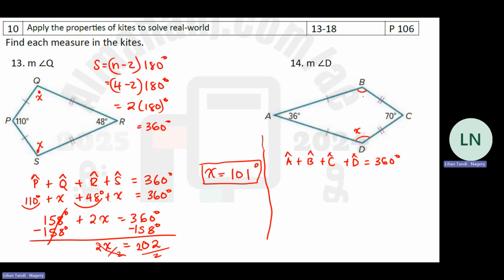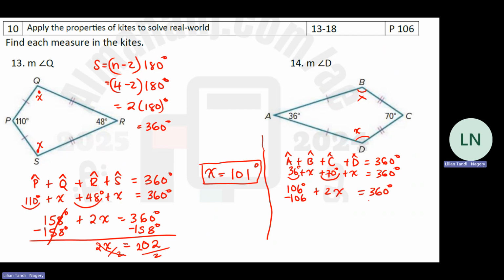So we put here x, 36 plus x plus 70 plus x should equal 360. 36 plus 70 should give us 106, plus 2x equals 360.